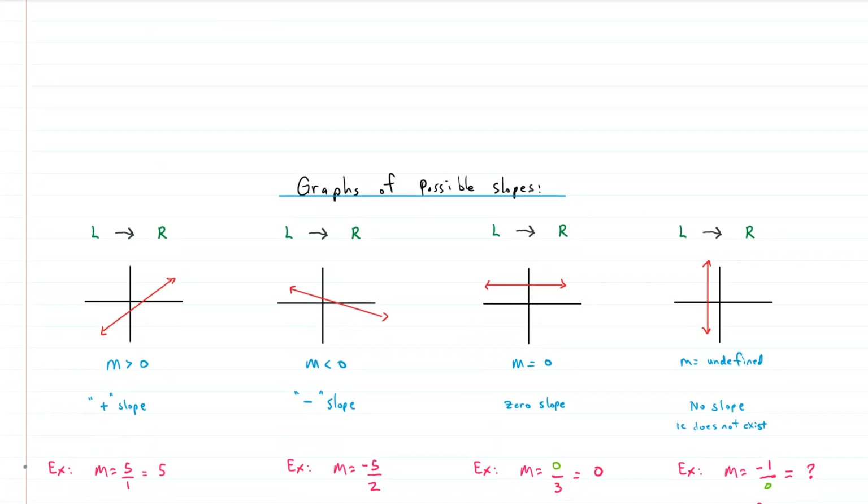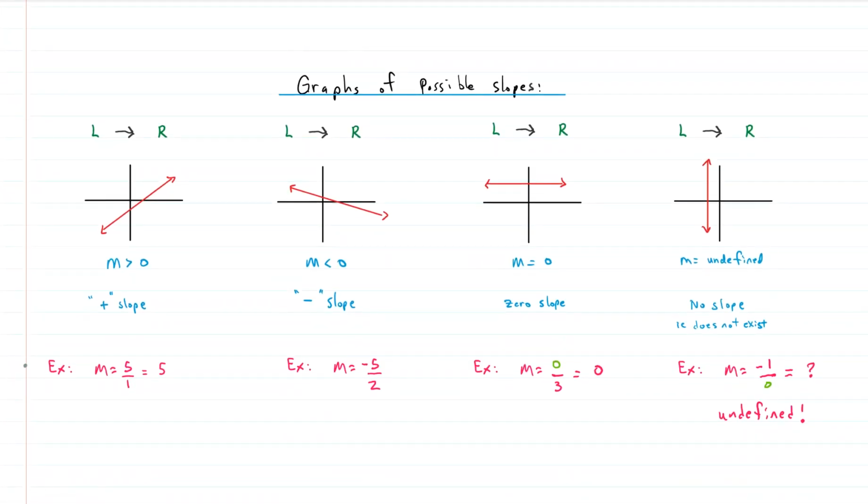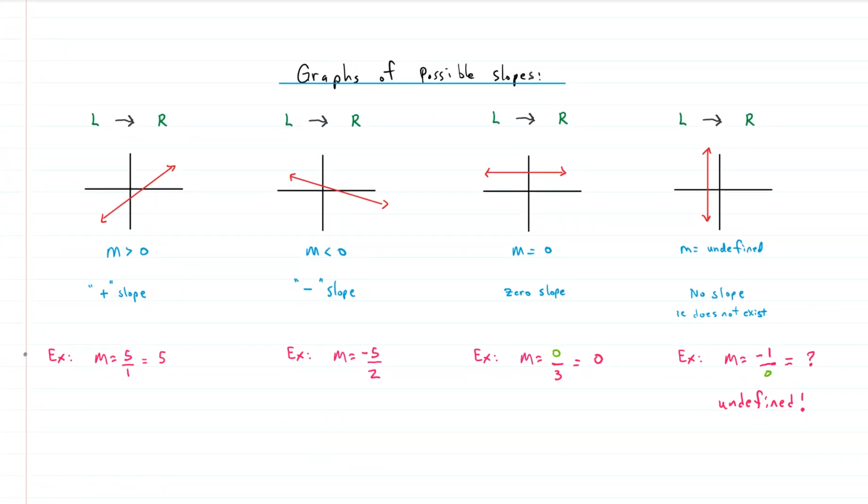Speaking of vertical lines, let's look at the graphs of these 4 different possible slope categories. As we're looking at slope, we move from left to right in the graph. That's important. When you look at a graph, you're looking from left to right as you're considering slope.